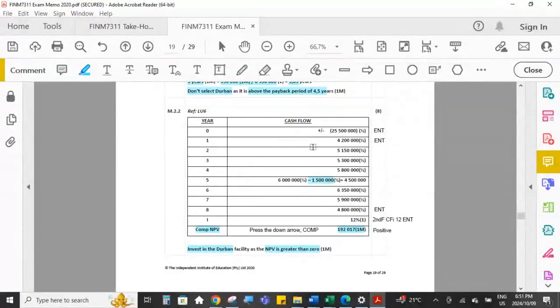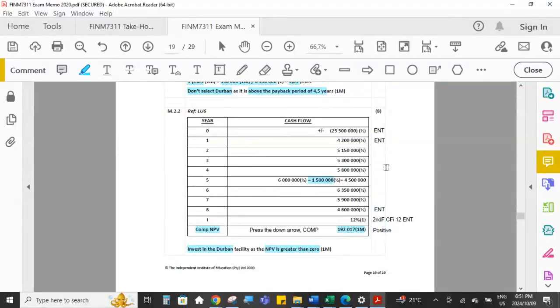They are happy that we give you the mark as long as you have the correct year, the correct amount next to the correct year number, and that the amount is correctly indicated as being either cash outflow negative or cash inflow positive, showing any workings that you've done, and that underneath that you type in I or R or IY, and you write the correct percentage, and that you write comp NV and then the rand value that you've calculated on your computer.